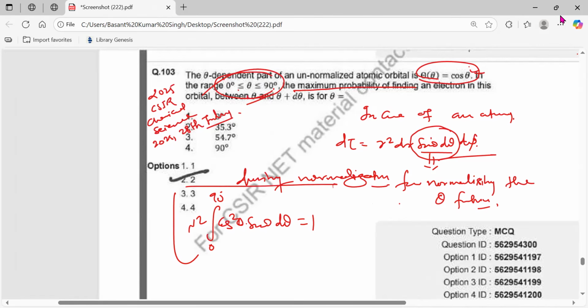This is the mathematical function for normalizing this theta function, cos theta, because psi star psi is cos square theta.